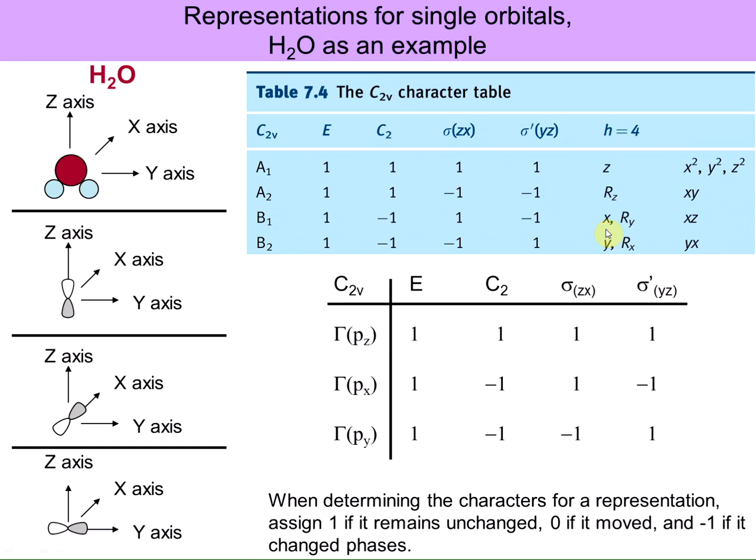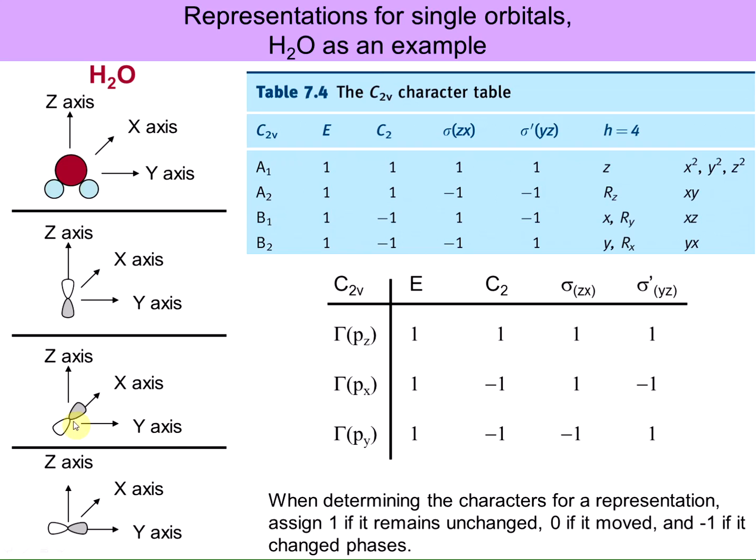But let's just go ahead and determine the irreducible representation for the px orbital. So if I do the E, it stays the same, nothing happens, so you get a 1. For the C2, I rotate it about the z axis. It changes direction, so the dark comes to the front, the light goes to the back, so it gets a -1 if I do a C2. If I do a mirror plane in the ZX plane, in this plane right here, it cuts the p orbital in half, and the p orbital looks exactly the same, so it gets a 1.